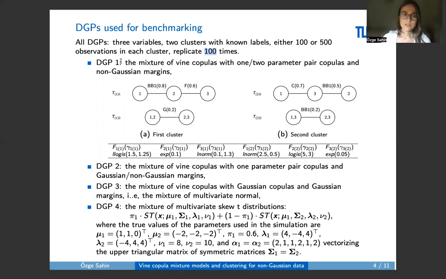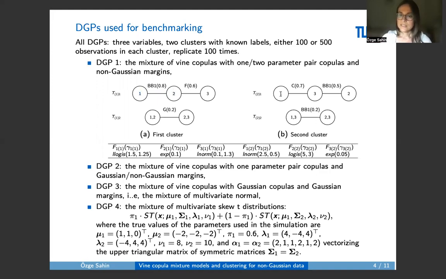To give an example, the first and the second DGP come from a mixture of vine copulas. Here I give an example, but the main message is that the dependence structure is different in each cluster that we simulate from. For instance, in the first cluster, the highest dependence is between the first and second variable.